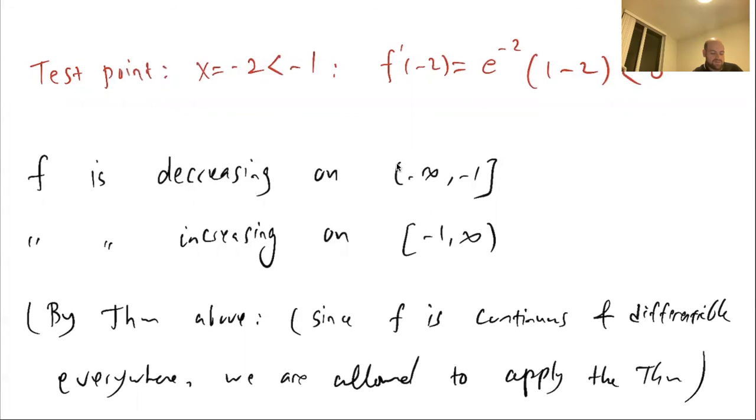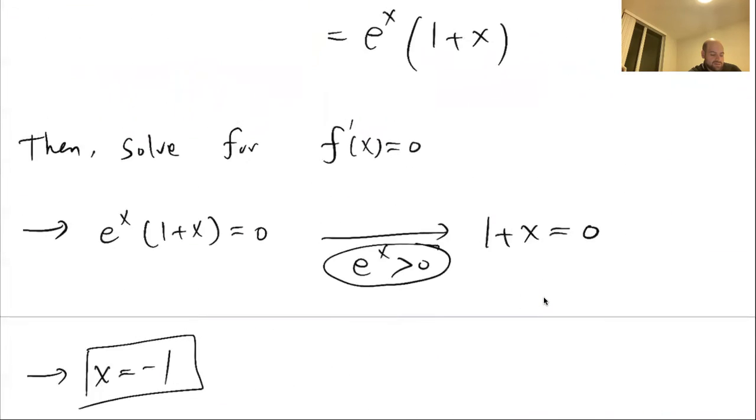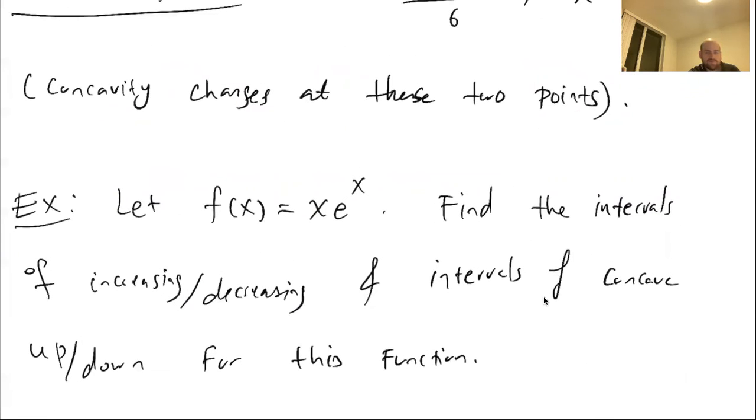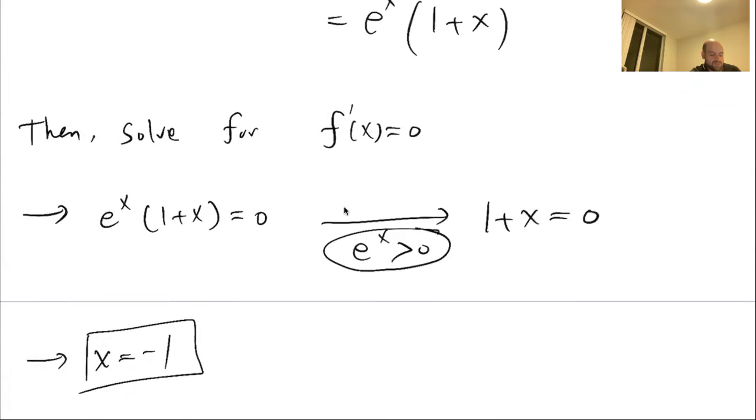Remember the theorem that enabled us to determine increasing, decreasing functions based on the derivative, sign of derivative. The condition was that f must be continuous on the closed interval, differentiable on the open interval. But here we have a function which is always continuous and differentiable because exponentials are always continuous and differentiable, polynomials as well. Product of them will be also continuous and differentiable everywhere.